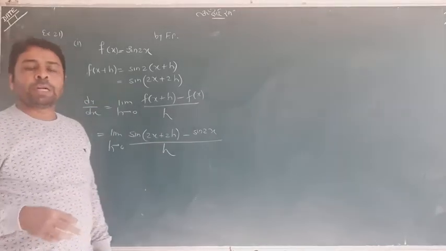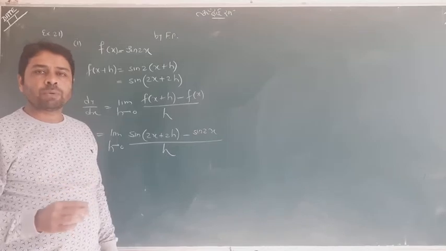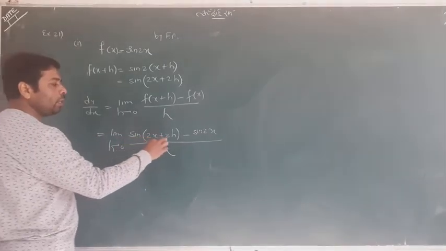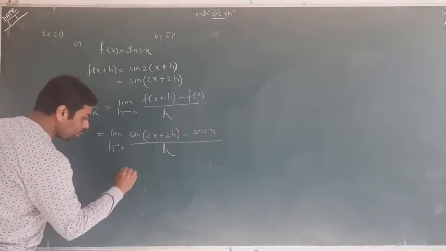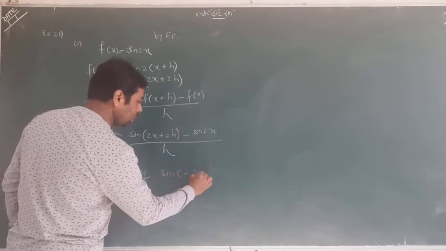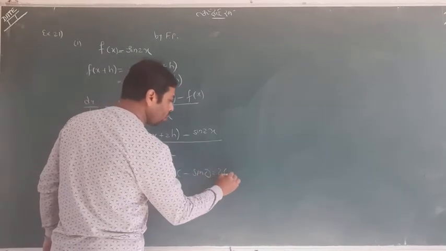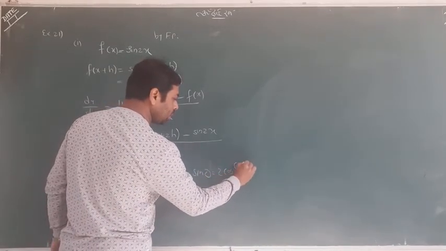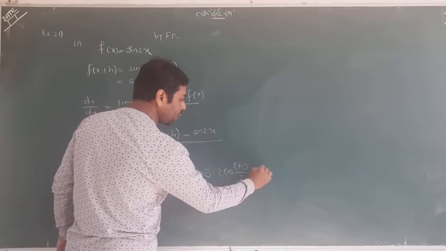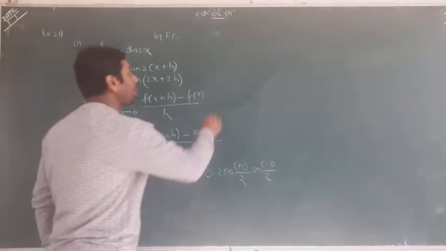As we did the differentiation of sine x, same as we will do this. Using sine c minus sine d, the formula is 2 cos of c plus d by 2 times sine of c minus d by 2. So apply it.